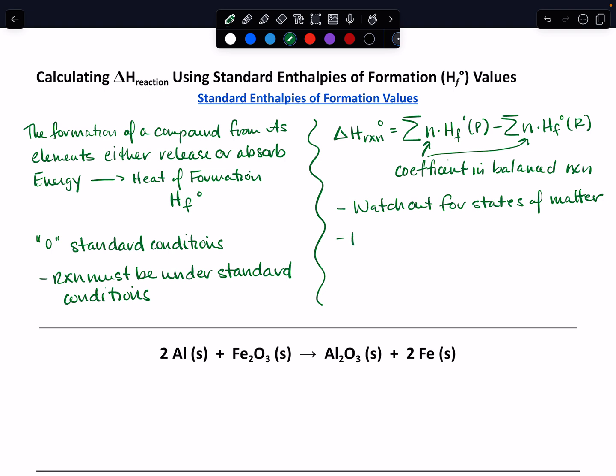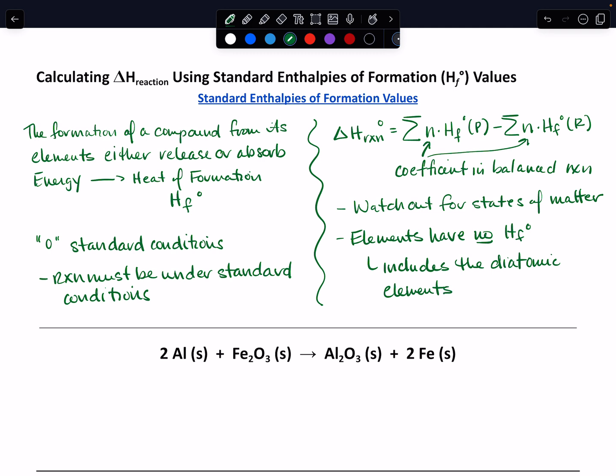If it's an element, such as iron, such as magnesium, they have no heat of formation. So you'll see some elements on your heat of formation table with zeros. That just means it's an element. This includes the diatomic elements.